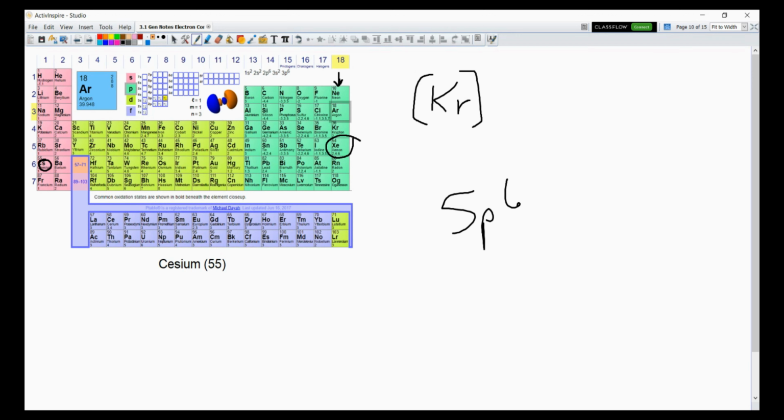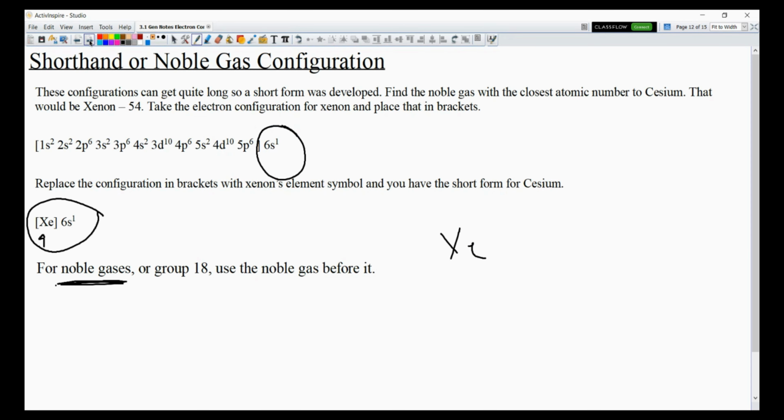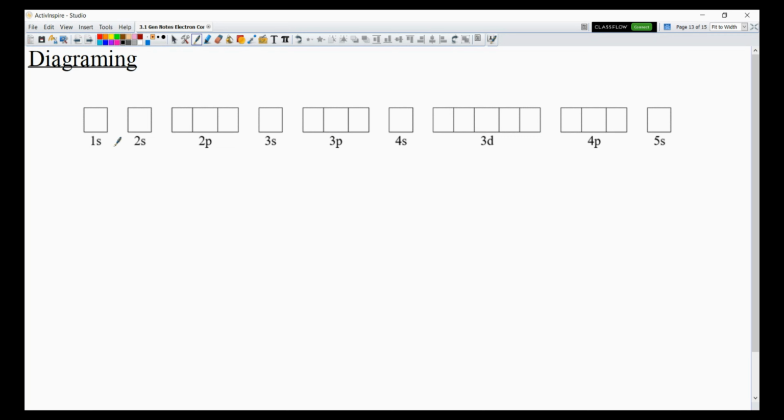So krypton ends in 4p6, so we would go 5s2, 4d10, 5p6. So this would be xenon's configuration. So you go to the gas before it and then add on the rest of the configuration. Okay, that's for shorthand.